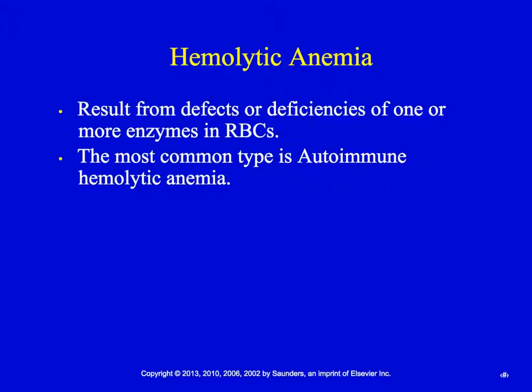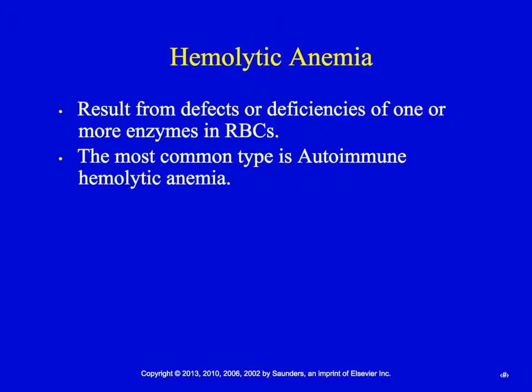There is a genetic link to a specialized type of hemolytic anemia, so it's typically something these people are born with. In North America you will typically see the autoimmune type of hemolytic anemia.